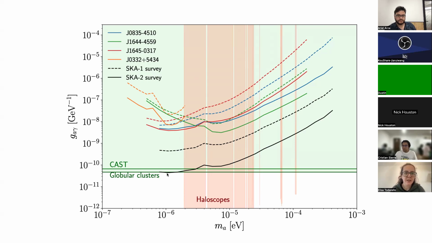And then if we assume SKA 2 improving by a factor of 10 in sensitivity, we can start to touch slightly below the constraint from stellar evolution. Okay, so the bounds are not very exciting, but the main contribution of our paper was to do the systematic analysis of the signal.